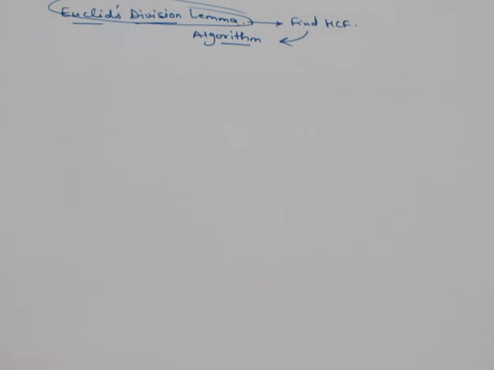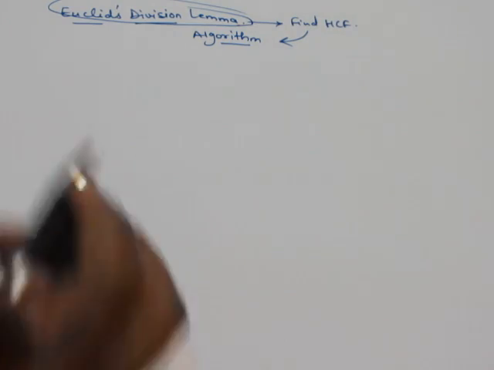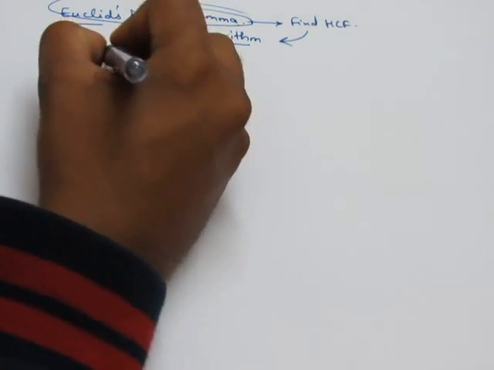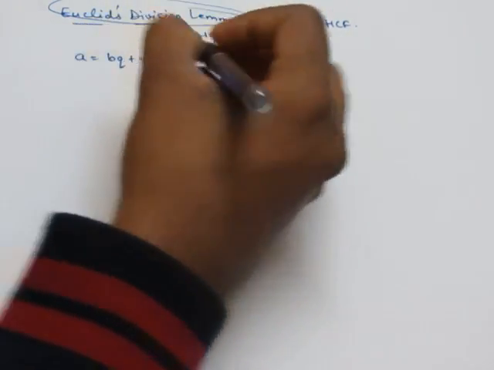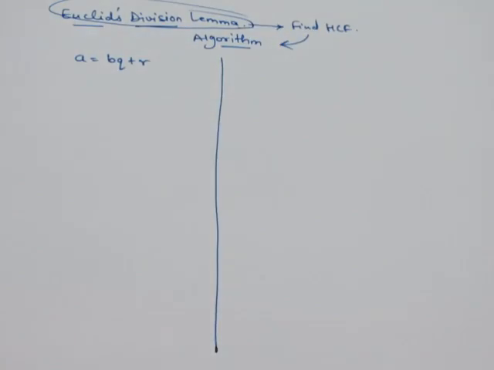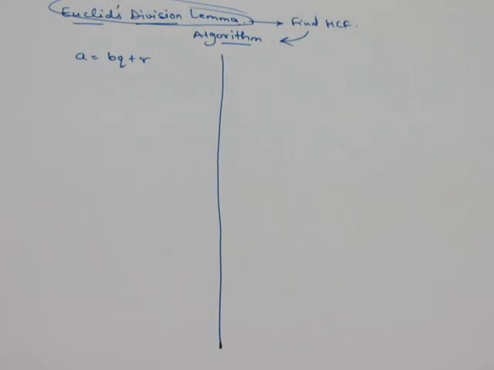So we know that we can represent any number in the form a equal to bq plus r, right? Let's say a number is there, a equals bq plus r. We'll take an example alongside this so that it's more clear.